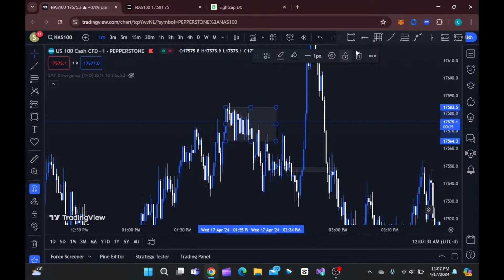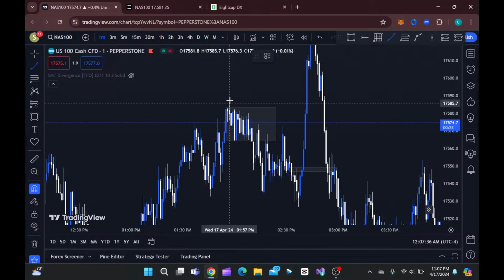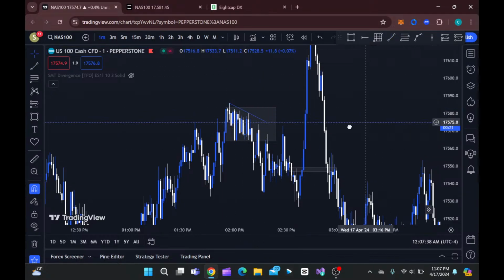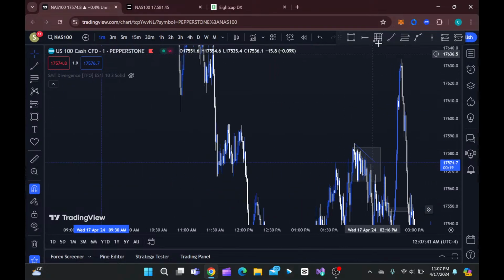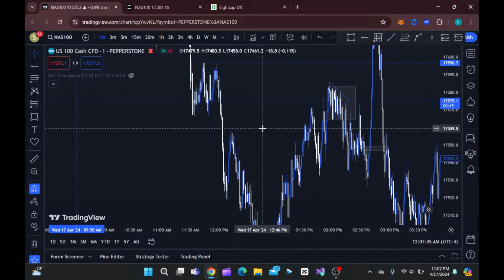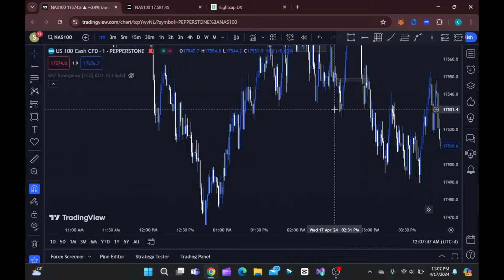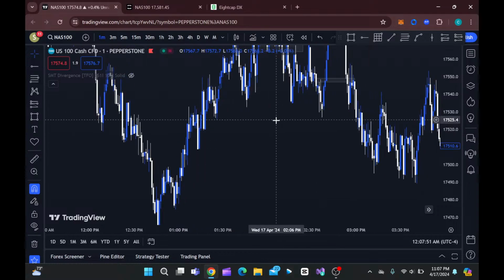All this liquidity right here stacked up, obvious draw, plus these equal highs. And then we swept this. I don't like that we created equal lows, but we did sweep these.